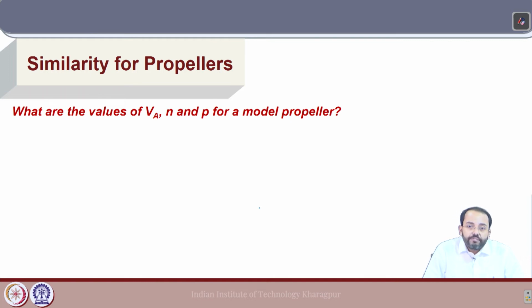Because we have discussed that the idea of ship and propeller model testing is to estimate the hydrodynamic performance in the model scale and to extrapolate it to get the full scale properties. So, what will be the values if we consider all these similarities that we have discussed till now? How will we get the model values of Va, N and P for a model scale propeller?